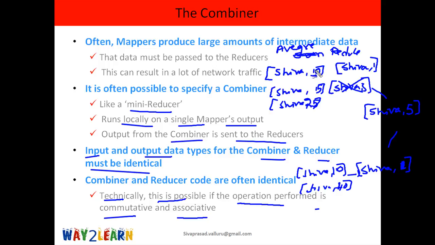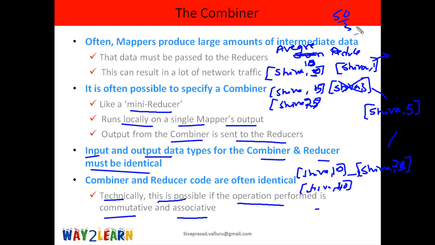Now let's say the first value also will be 15. Let's say this is 10 only. So what will be the average? 10 plus 15, 25, 25 plus 25, 50, 50 by 3. 50 by 3 will be the value emitted by the combiner. Here it is 10 plus 40, 50 by 2, 25.